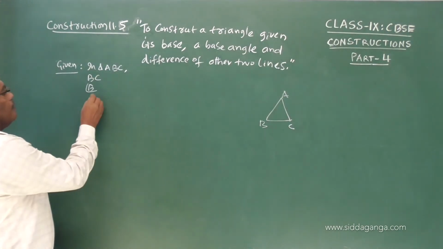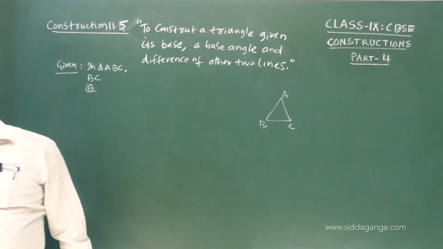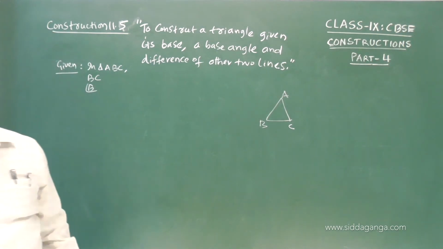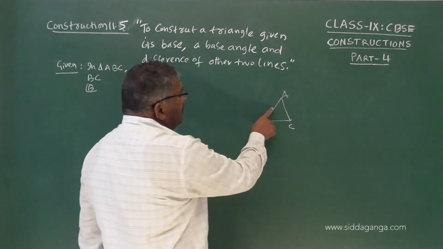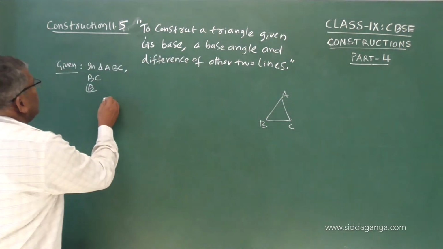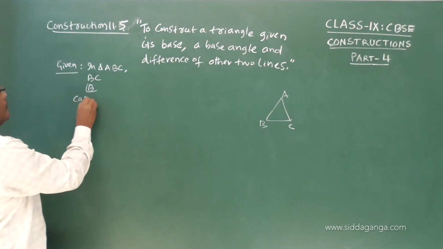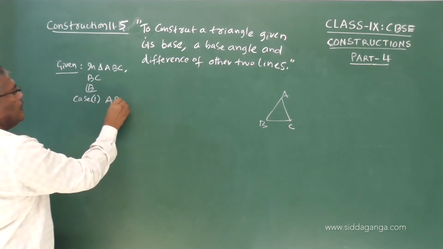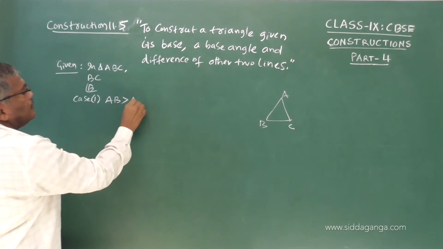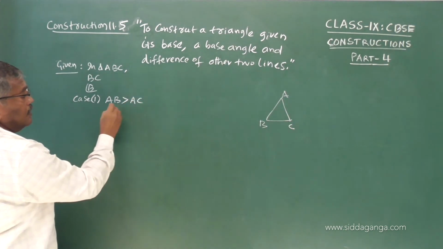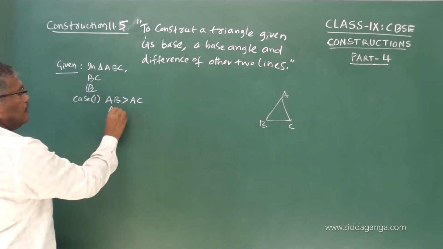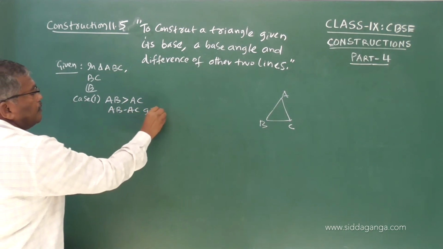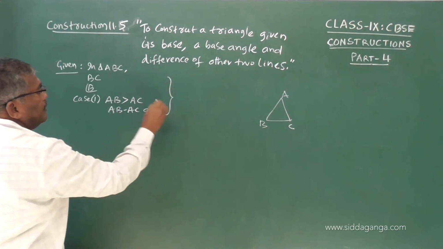So we can take case 1, AB greater than AC, then in such a case what is given is AB minus AC.